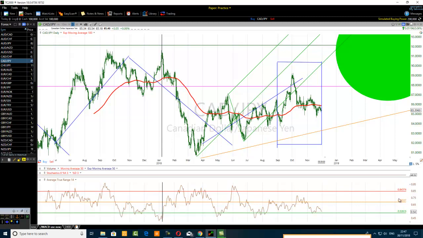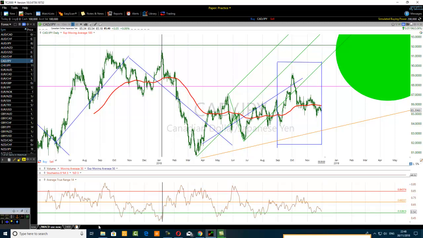After that, you draw the median line between the overbought and oversold. The median line for the Canadian dollar yen ATR on the daily chart is 0.68. Once you have finished that, how do you use the ATR in a better way?